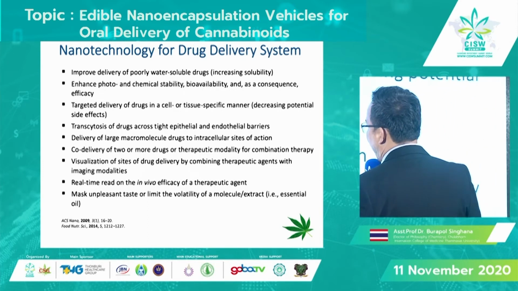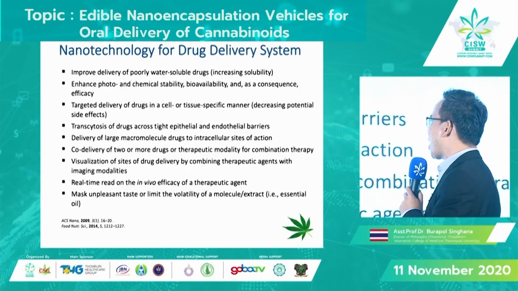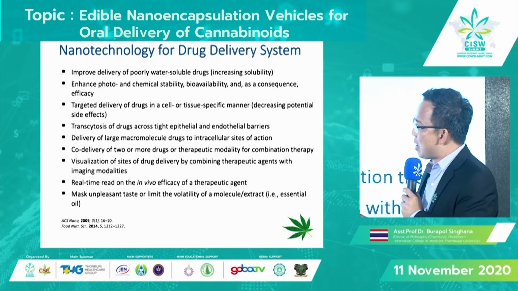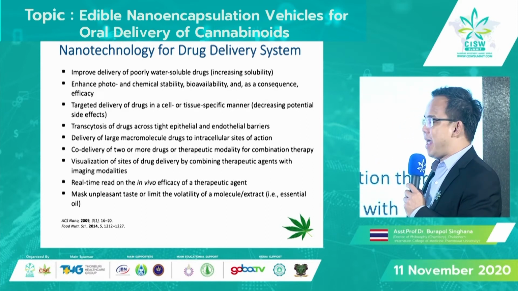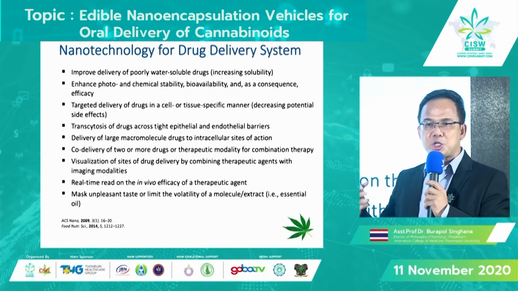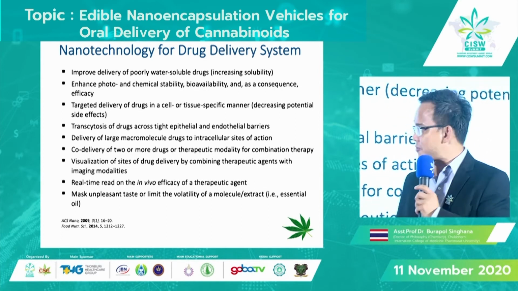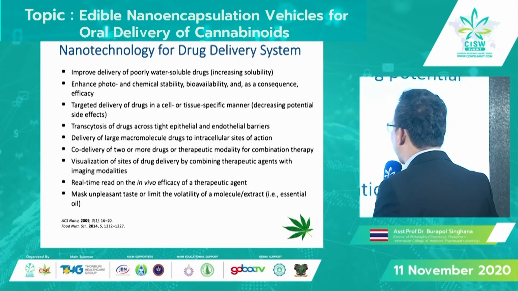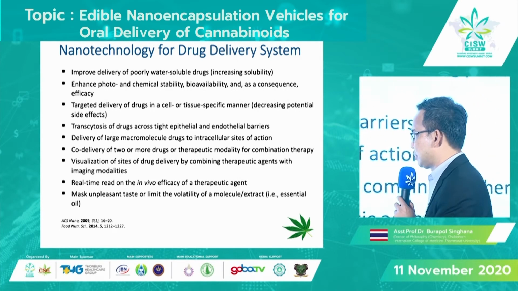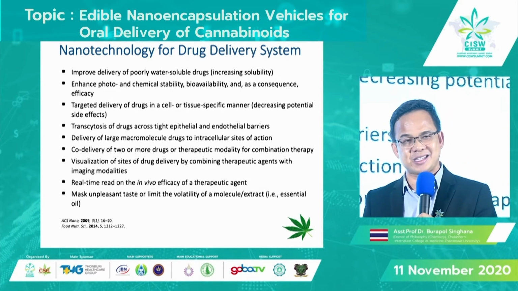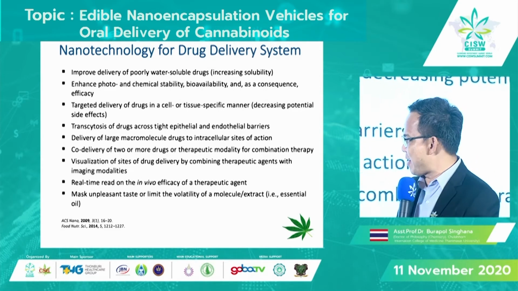Another one is transcytosis of drug across tight epithelial and endothelial barriers, delivering large macromolecule or biological drugs, for example proteins or antibodies, to the intracellular site of action. We can also put more drugs together for a synergistic effect.